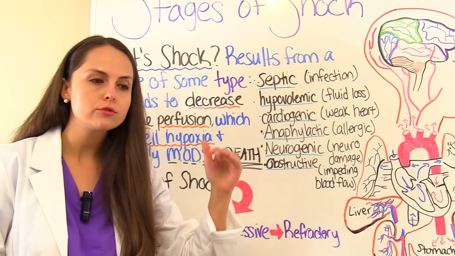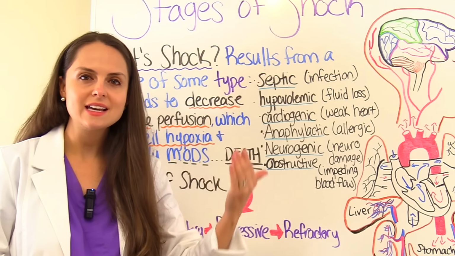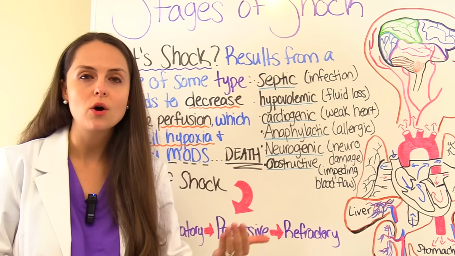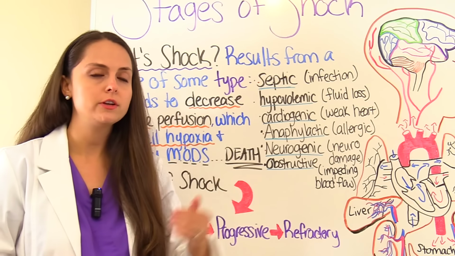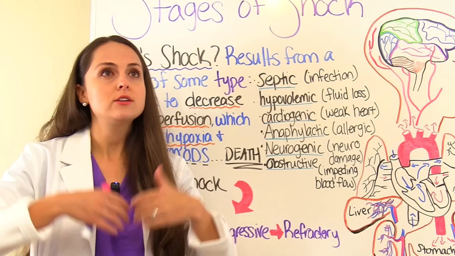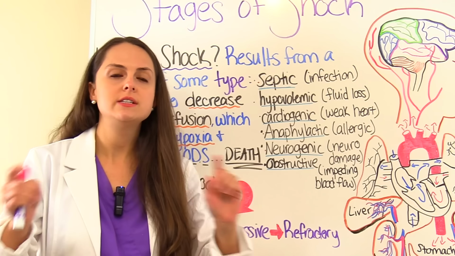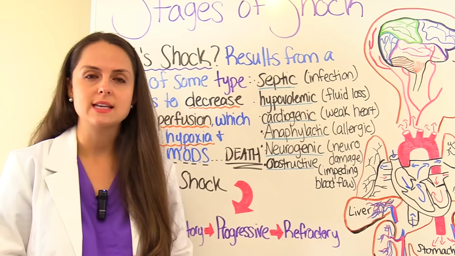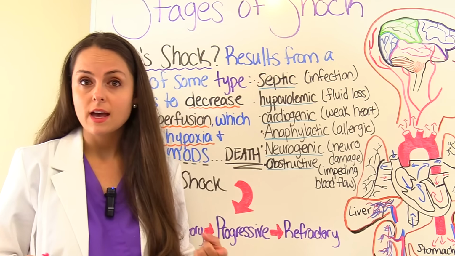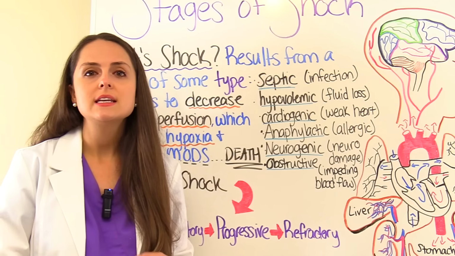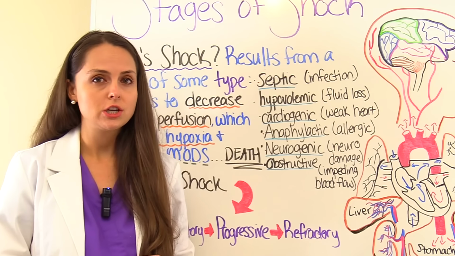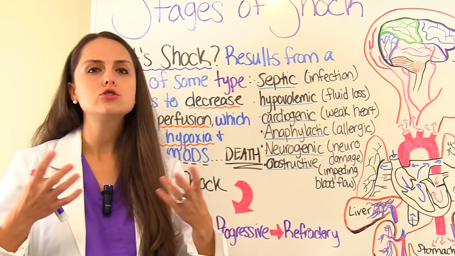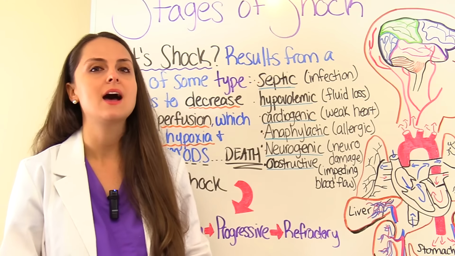Now, as I go through these stages, you're going to see how these cells start responding to this decreased tissue perfusion. You're going to see that they're trying to really save themselves by switching to different types of metabolism. The body also tries to compensate by stimulating the sympathetic nervous system, by causing the kidneys to activate the renin-angiotensin system, all trying to save these cells from dying.